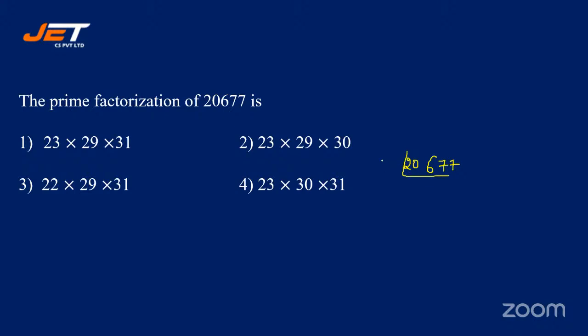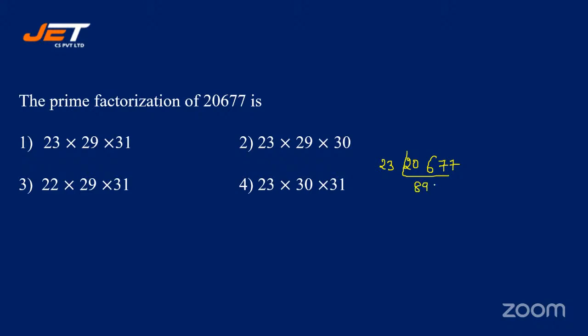If you take 23, this number would be divisible by it. Let's see how much 23 will go in this. 20,677 divided by 23 is 899.